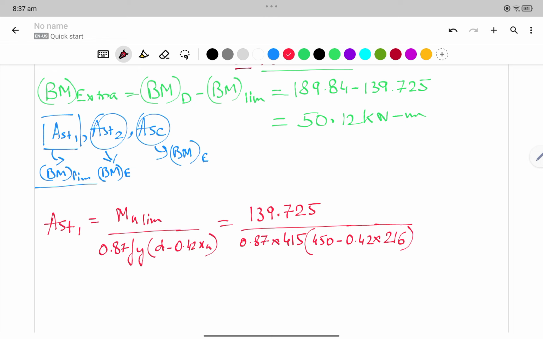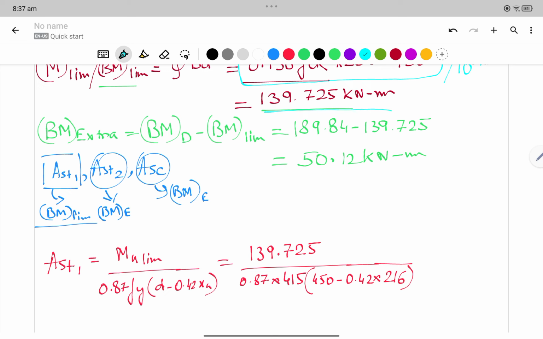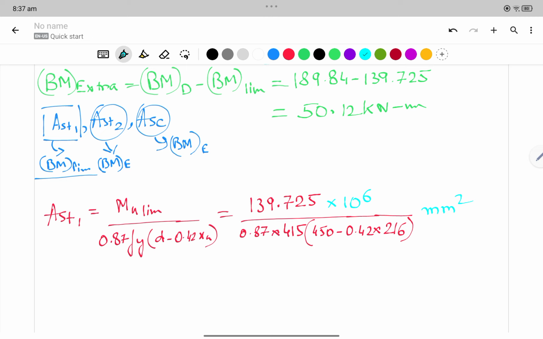This value is in kilonewton meter, so we have to just multiply it by 10 to the power 6. Okay, so the value will be coming in mm square. So the value is 1077 mm square. So this is AST1.